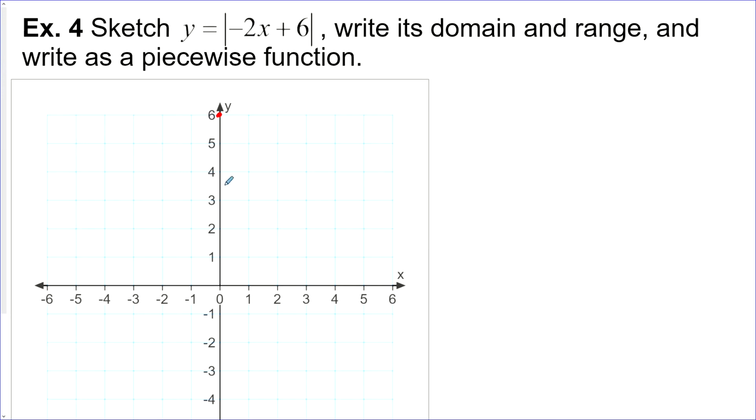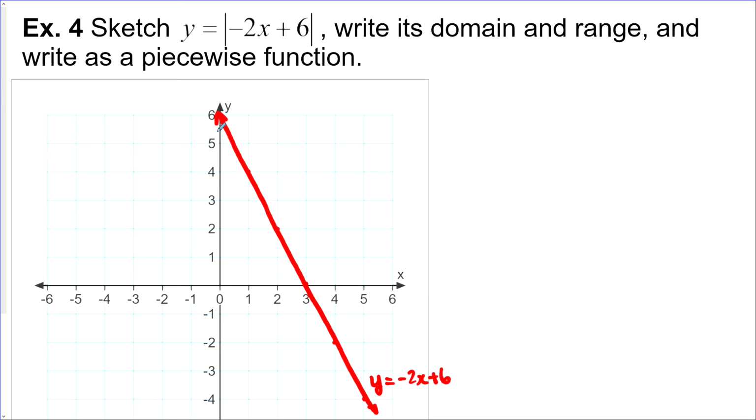So that would be down 2 over 1, down 2 over 1, like that. So this would have been y equals negative 2x plus 6.